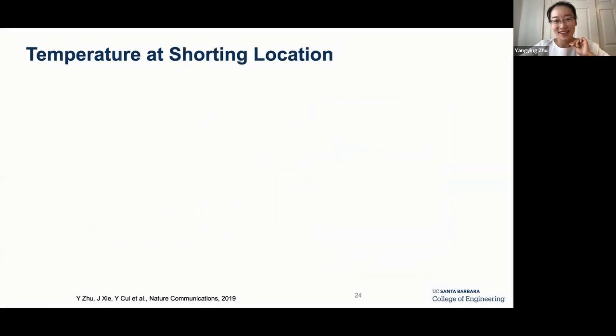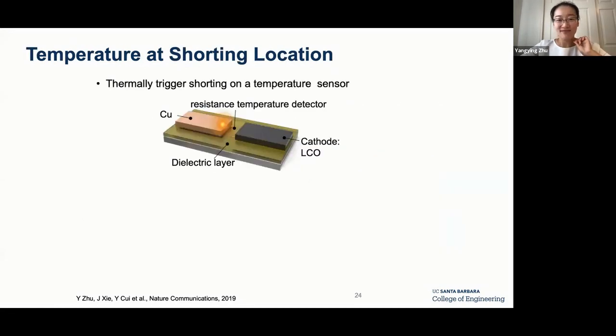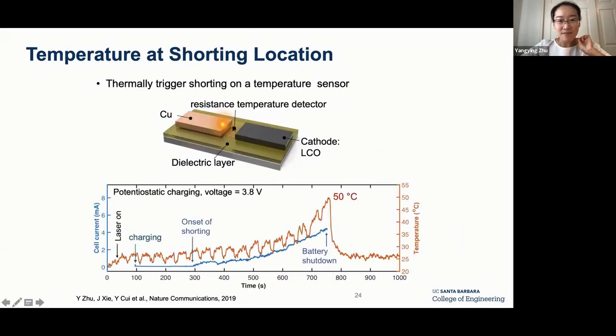We also measured the temperature response of an internal shorting by adding a resistance temperature detector right next to the spot where we're using a mild laser heating. You can see that in the first 300 seconds, the battery is charging normally. But because we're heating that location, that location has a big lithium chunk that quickly causes internal shorting.